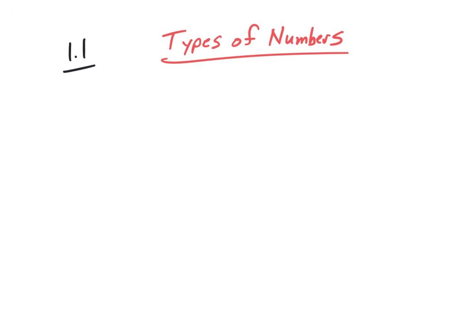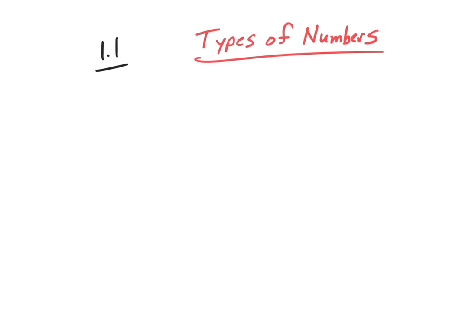I'm going to show you the names of them, but then we're going to put them in a grouping or in a set to show you how they all go together.